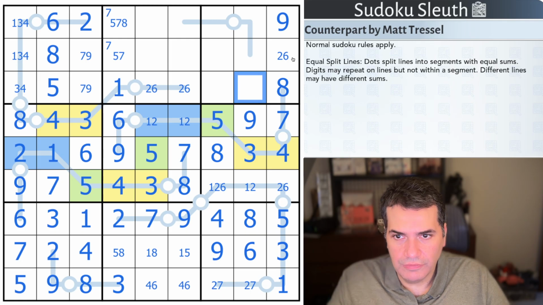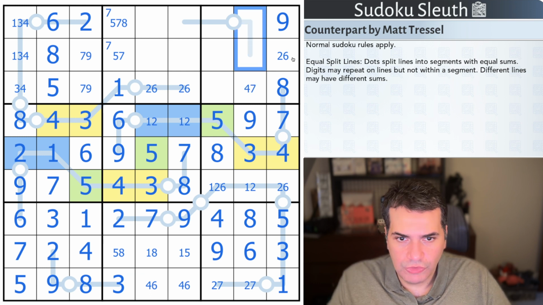I also have a 1, 2, 7 and 2 more digits, a 5 and a 4. I mean, this is 4 or 7, but I'm trying to see what is forced on here. I think the 5 is forced on there, but that's about it.